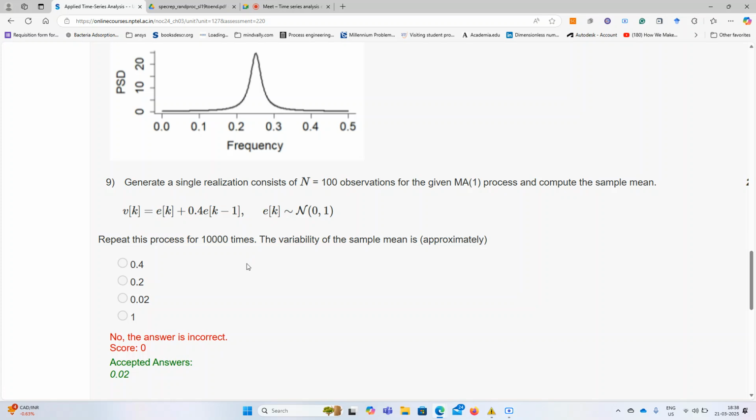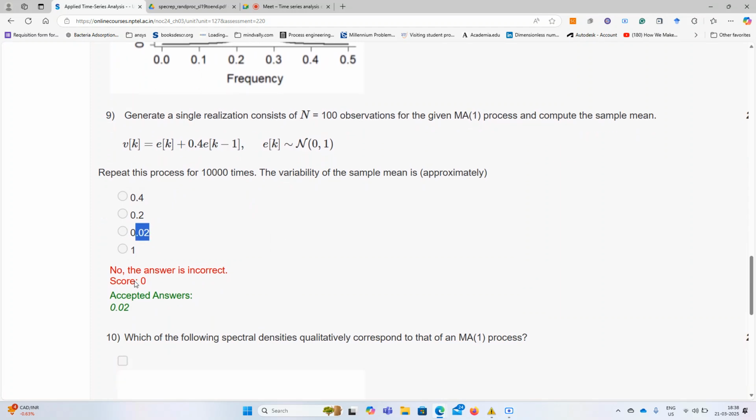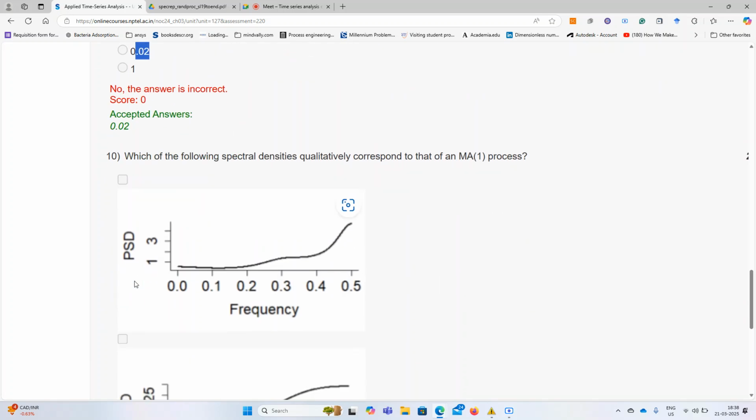Repeating this process about 10,000 times, the variability of the sample mean is approximately. Now, this is something you have to do in R. You will get this value 0.02. Let's move to the next question.